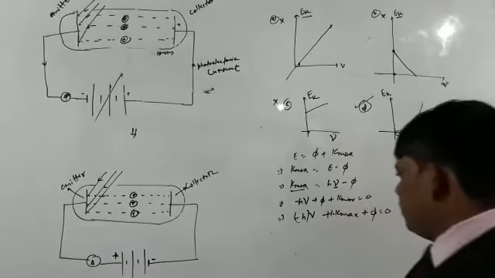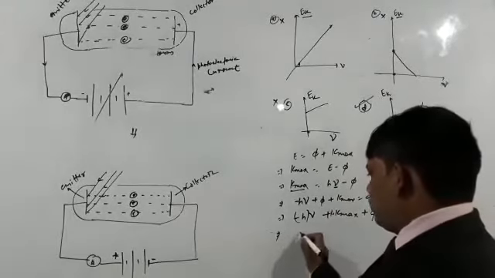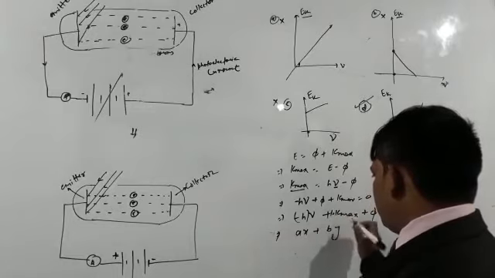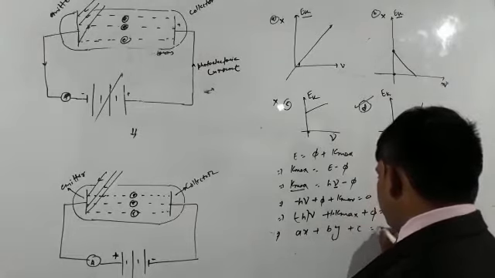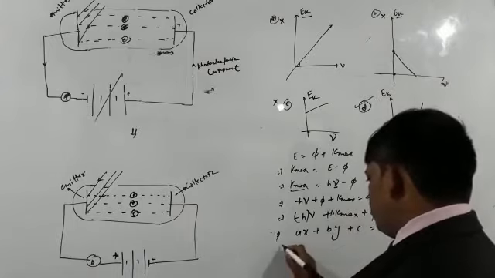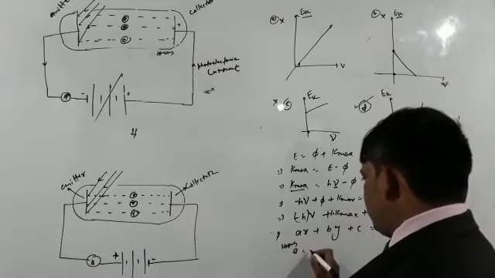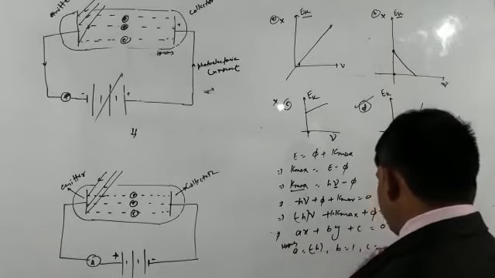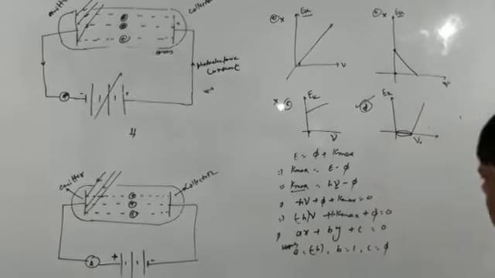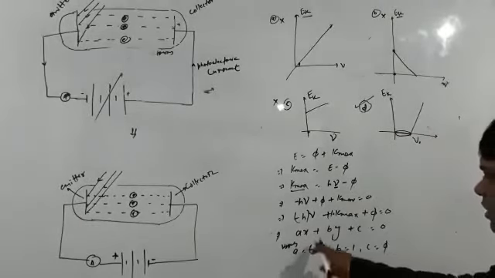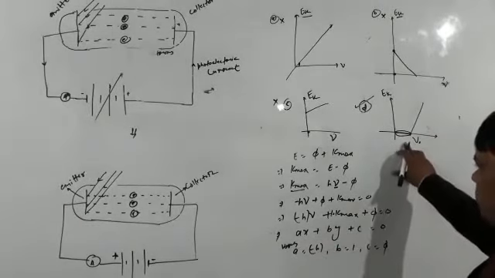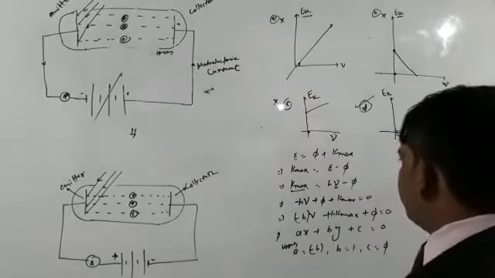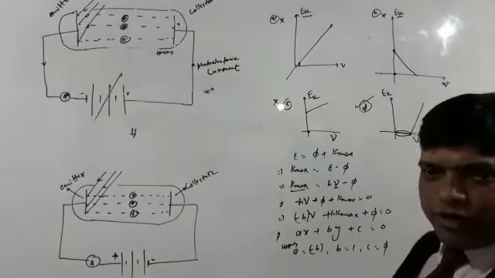This is identical to the equation of a straight line ax plus by plus c is equal to 0. Here a is equal to minus h, b is equal to 1 and c is equal to phi. So the graph will be a straight line for the frequency of the incident radiation greater than the threshold frequency, and this option is correct.